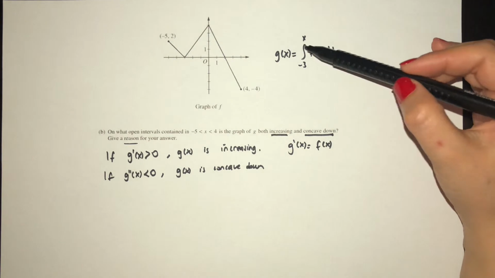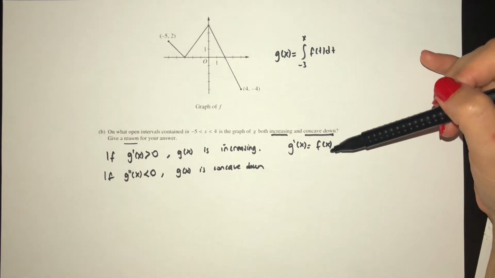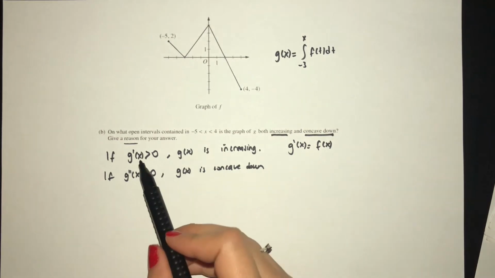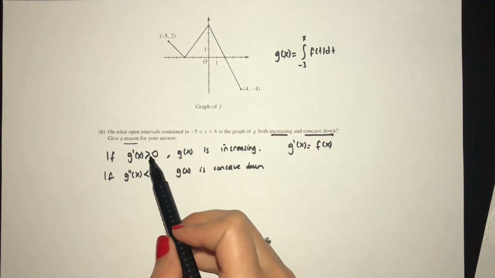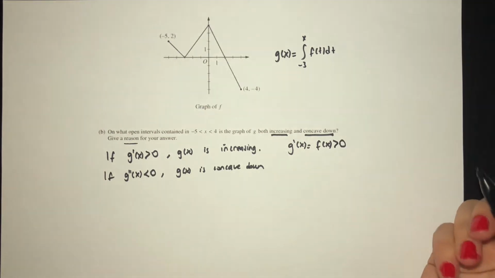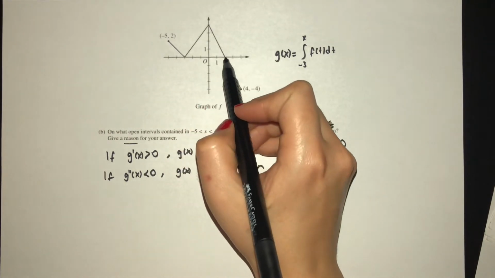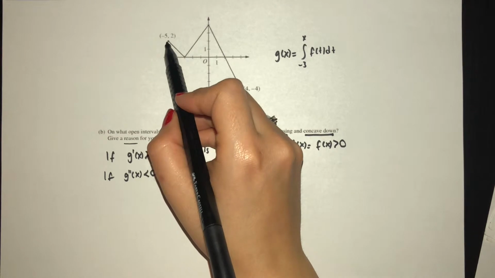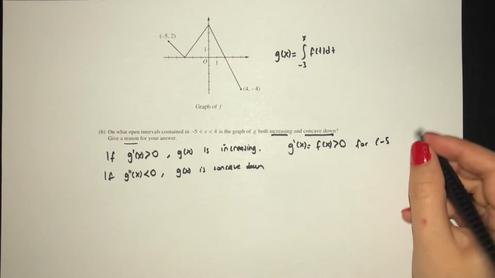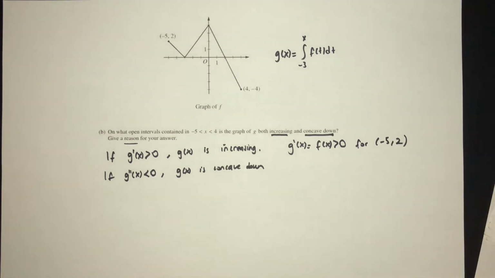If we take the derivative of the integral, we get f of x. Okay, in order to get g prime x greater than 0, we can look at f of x greater than 0. f of x is greater than 0 between -5 and 2. We can write the open interval -5 to 2.